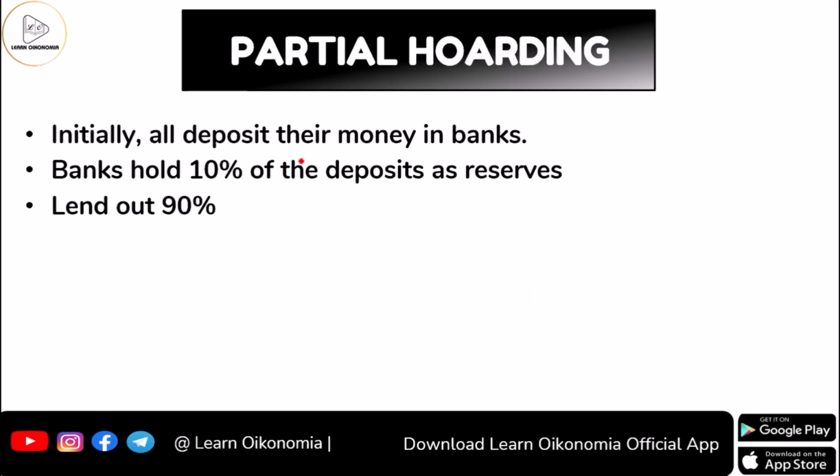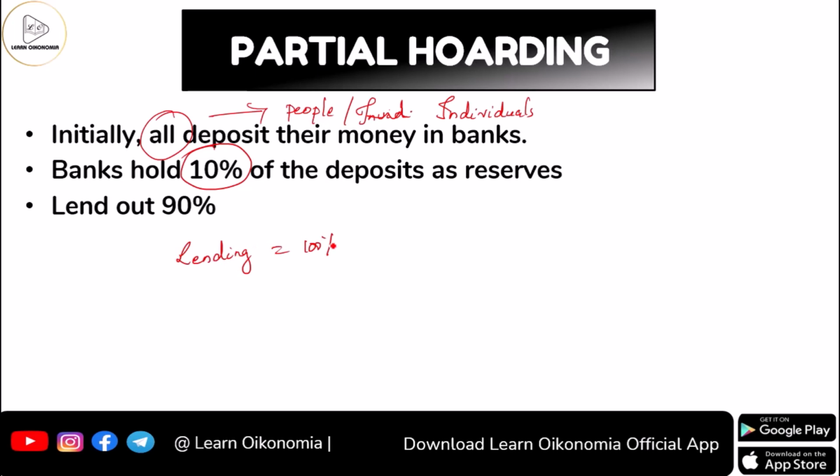So we assume that initially all individuals deposit their money in banks. In such a scenario, the bank will be holding 10% of the deposit as reserve. So what would be the lending here? Lending means 100% minus 10%, which is equal to 90%.